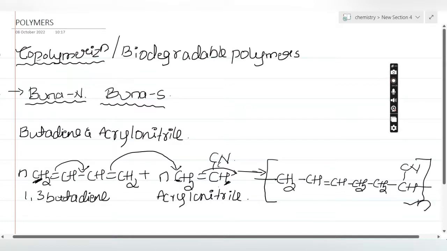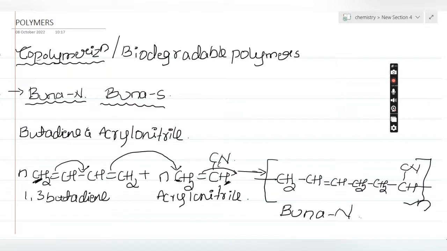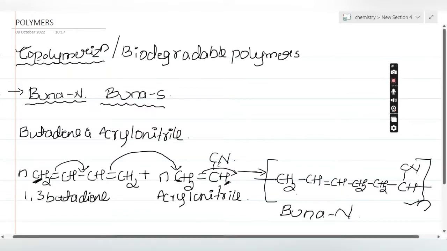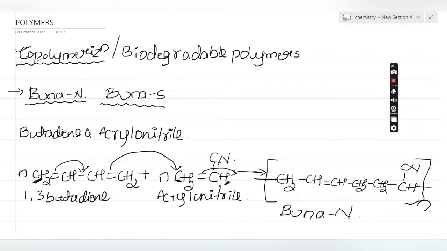This itself is called BuNa-N, that is butadiene and acrylonitrile. See, it is very simple. We take n molecules of 1,3 butadiene and acrylonitrile, just shifting: double bond becomes single bond, single bond becomes double bond. This is the partial structure of BuNa-N.